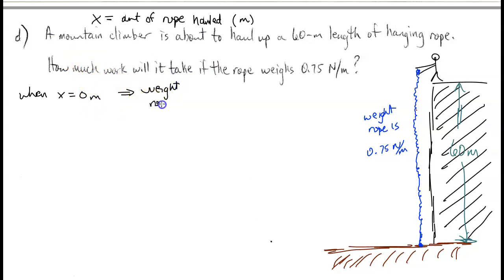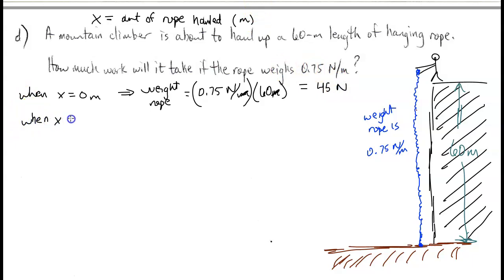So the weight of the rope is 0.75 newtons per meter, and since all 60 meters of it is hanging, it's 0.75 times 60, and the meters units reduce, so this is just going to end up being 45 newtons here.